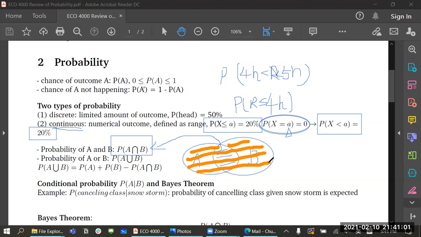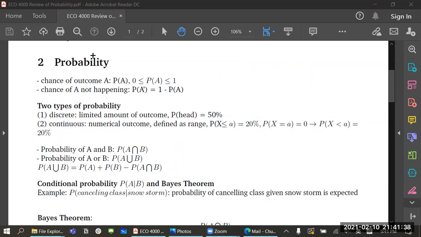This large orange area is called A or B. So the orange area equals the A circle plus the B circle minus the blue overlapping area. If you don't understand, then replay this again. Okay. So that's A and B and A or B.